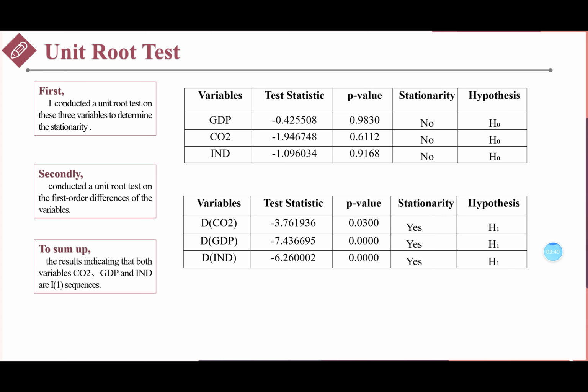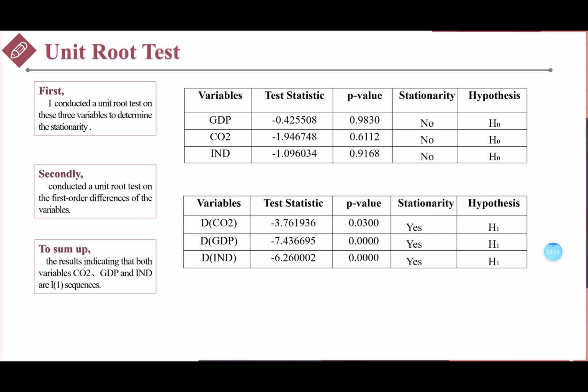The original hypothesis cannot be rejected, which means that the source data does not pass the PP test. Therefore, these variables need to be further differenced to test their stationarity.